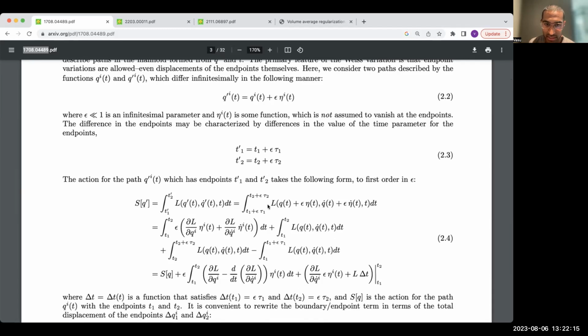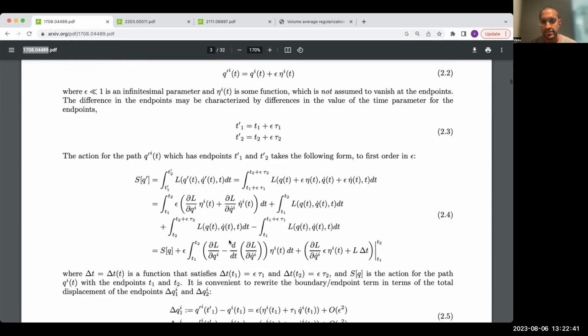But in addition to that, there are also going to be variations involving the endpoints. So we have the original Lagrangian, right? We take eta to be infinitesimal, so we have what will give us eventually the equations of motion, and then we have these two terms, which go from T1 to T1 plus epsilon tau 1, and T2 to T2 plus epsilon tau 2.